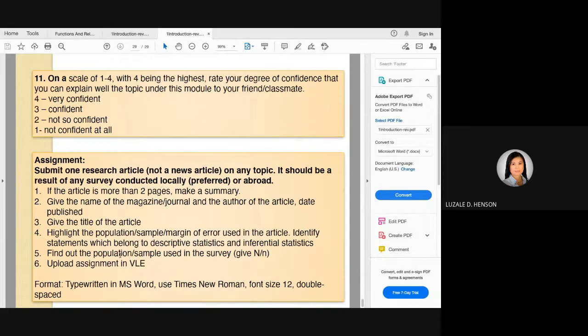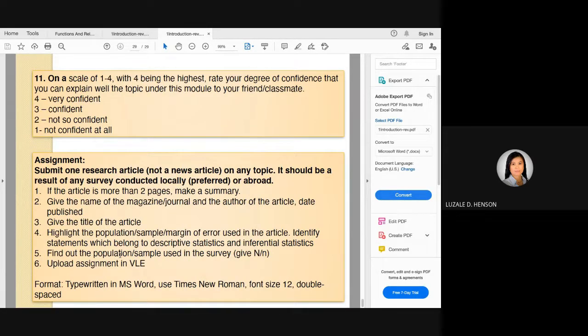you have to submit an article that is more than, if the article is more than 2 pages, you make a summary. But you have to submit one research, ha, hindi sa news article, research article on any topic. It could be a result of any survey that was conducted, either locally or abroad.